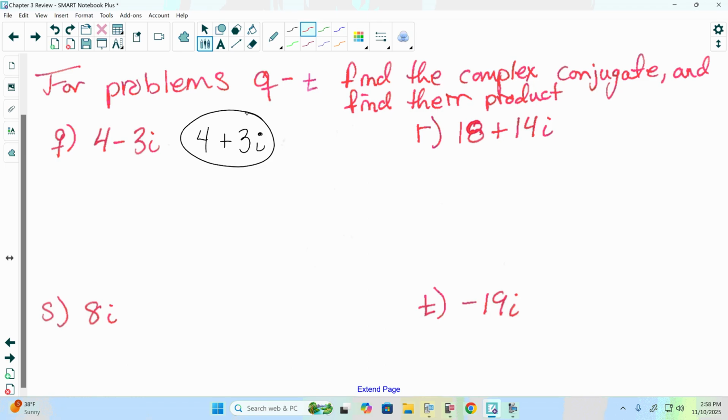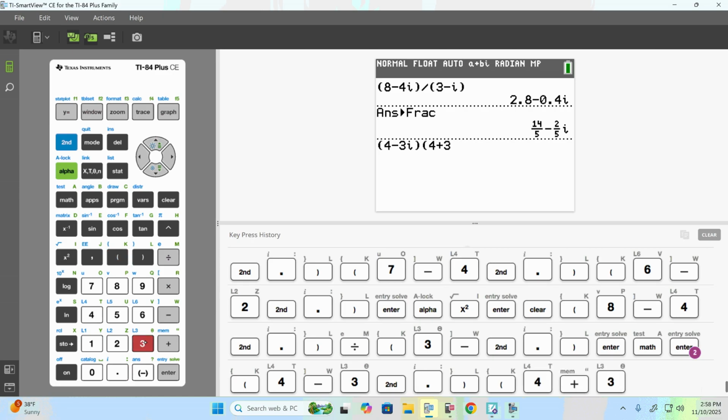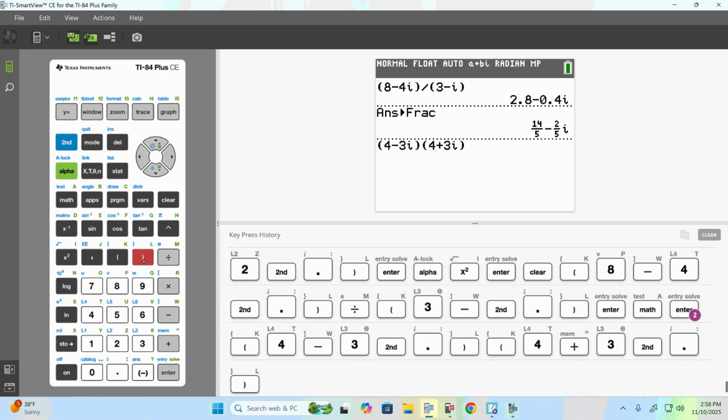Now the other half is to find the product. So to find the product, we're going to take 4 minus 3i and multiply it by 4 plus 3i. We're just going to multiply them together. Now we can do it by hand, or we can say 4 minus 3i times 4 plus 3i. We will need to use parentheses in the graphing calculator because otherwise it would just multiply whatever the middle terms are only.